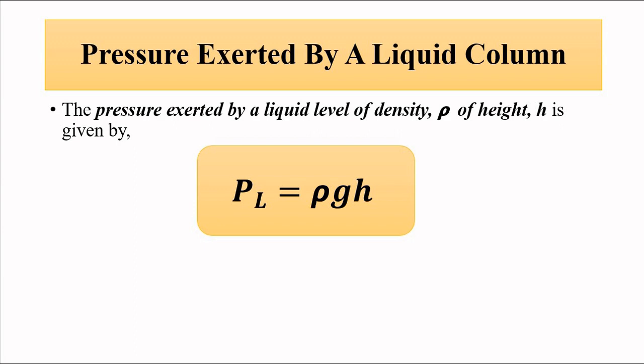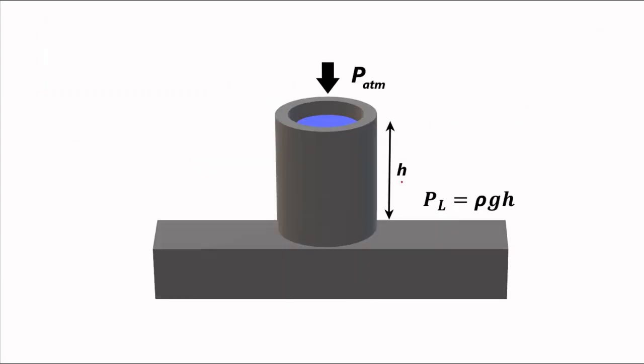We know that when we have a particular liquid in a container at a certain height h, the pressure exerted due to that liquid column is given by PL = rho g h. Rho is the density of the liquid, g is the acceleration due to gravity, and h is the height of the liquid column. Now if you see, we have used two transducers here.